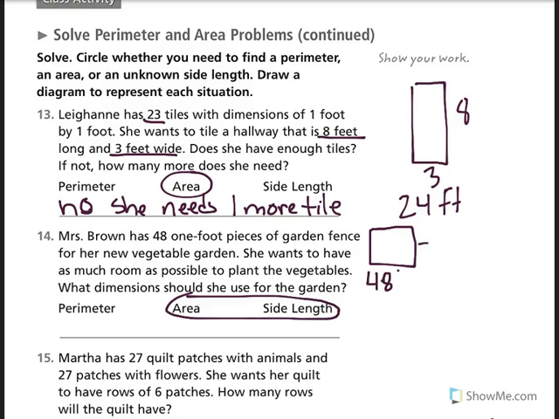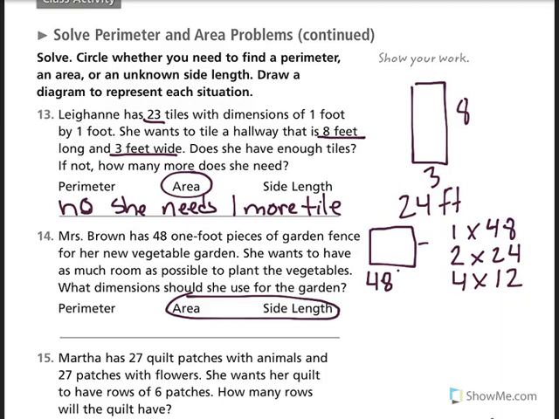So, let's think. Well, you can have 1 times 48. Those are pretty far apart, right? You could have 2 times 24, also pretty far. I don't know if there's a 3 times. A 4 times 12, that's pretty far.